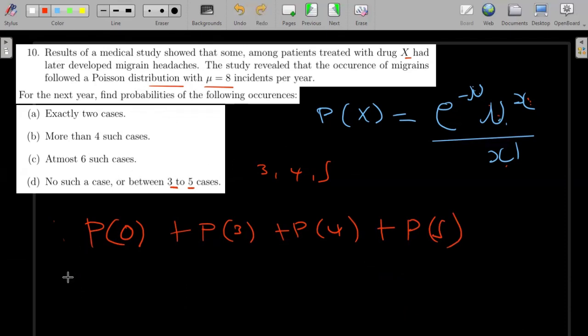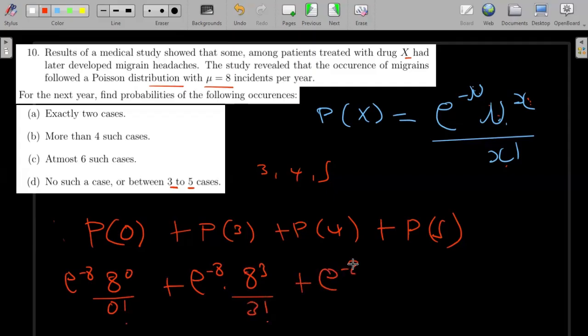So lambda here is going to be 8. It's going to be e to the power minus 8 times 8 to the power 0 divided by 0 factorial, plus e to the power minus 8 multiplied by 8 to the power 3 divided by 3 factorial, plus e to the power minus 8 multiplied by 8 to the power 4 over 4 factorial, plus e to the power minus 8 multiplied by 8 to the power 5 over 5 factorial.